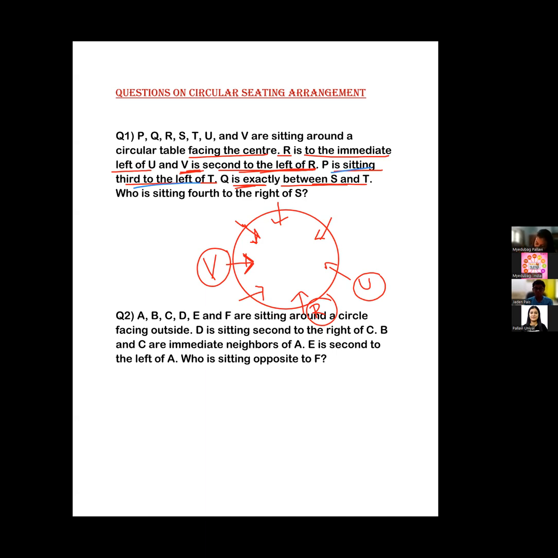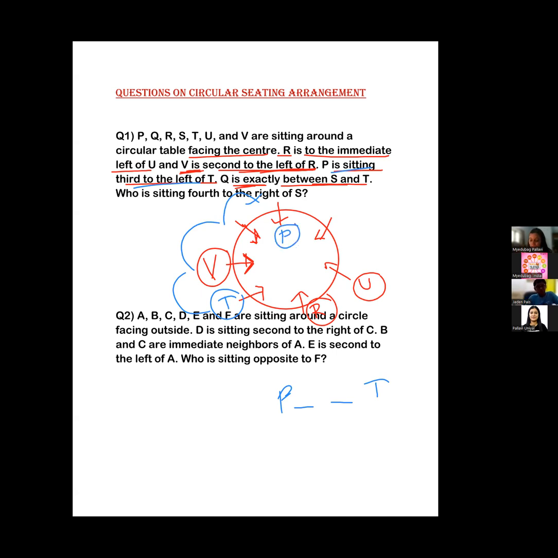Now see, if we place T between R and V, where should P come? 1, 2, and 3. According to this, P should come here, right?